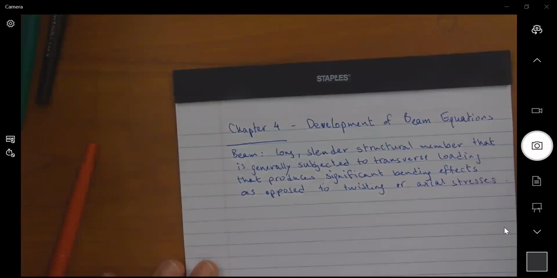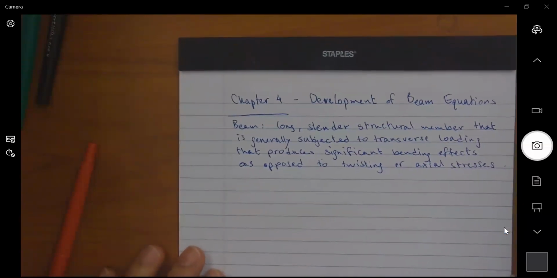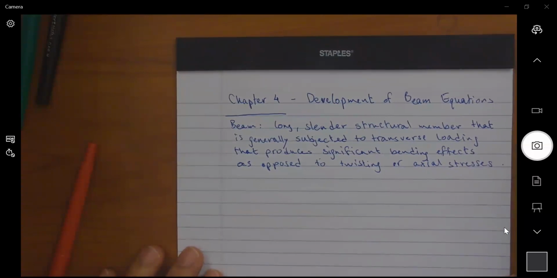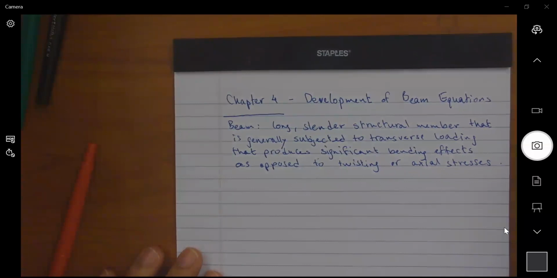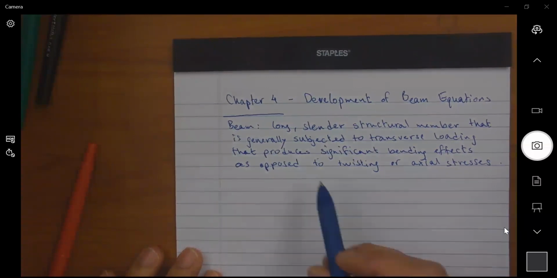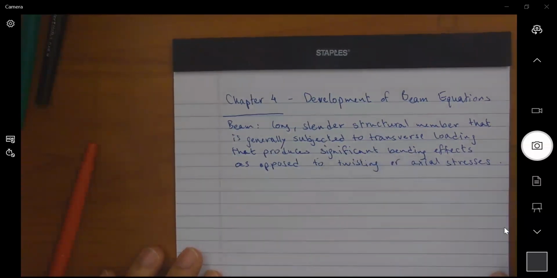And you notice here the wording about generally subjected to transverse loading and significant bending, because we can have short beams, right? We can have beams that are subject also to a moment. The idea here, we are focusing on this bending effect.